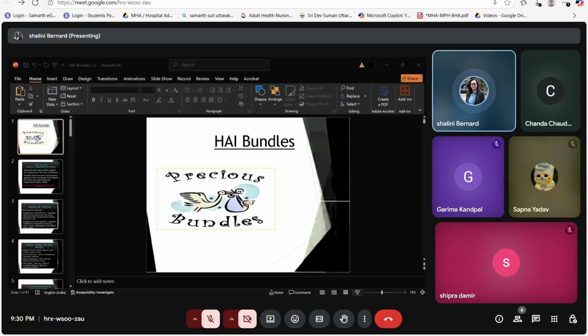Then comes surgical site infection. What is a surgical site infection? When the patient is operated on in the hospital and develops any sign of infection at the surgical wound site, it is considered a surgical site infection.